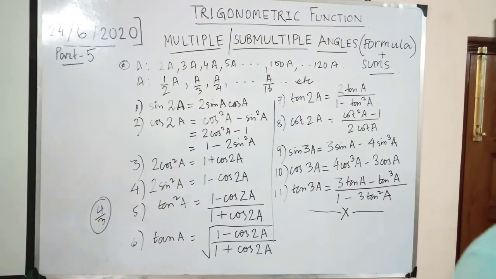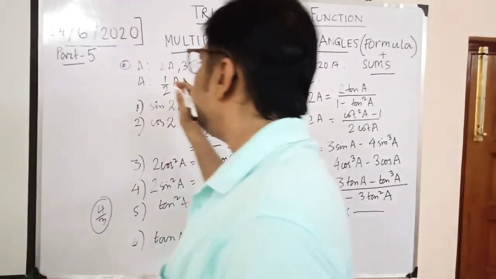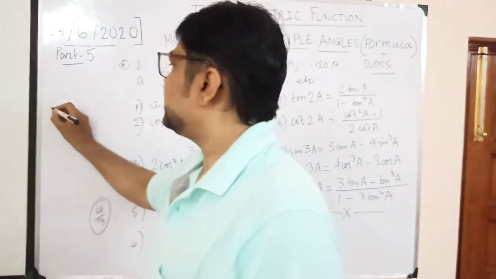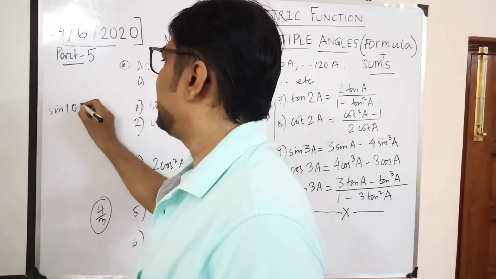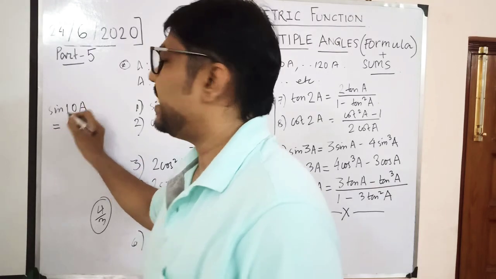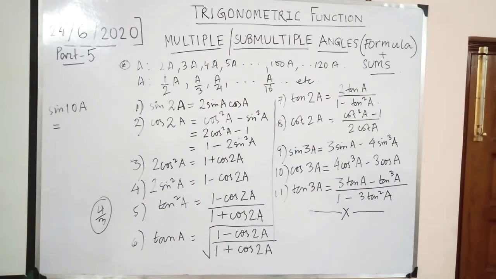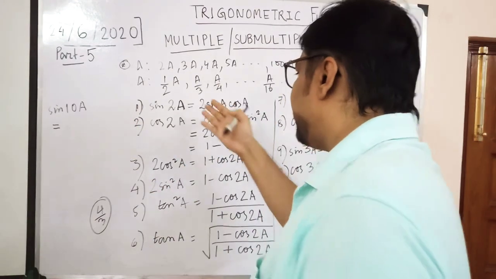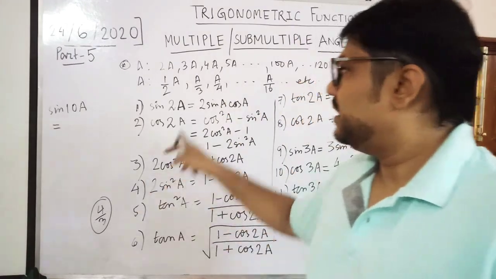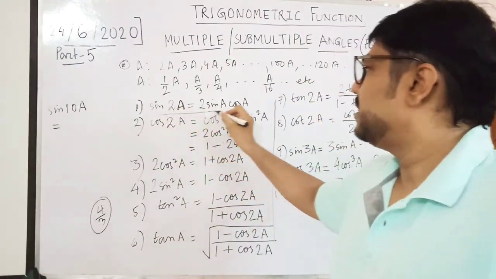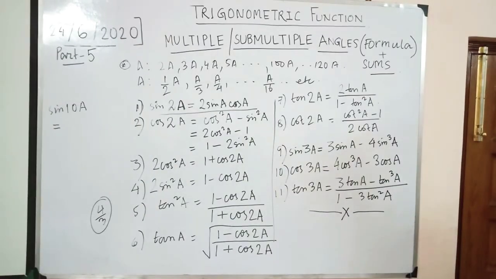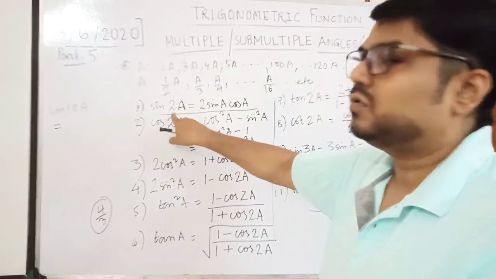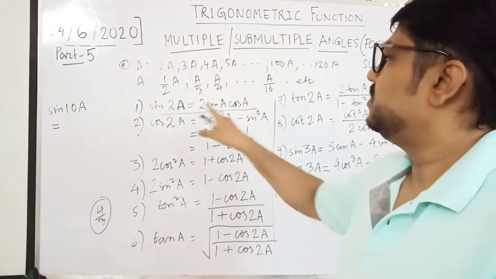Let us do some other examples using this. Say I want to write sine of 10A. We don't know the formula of sine of 10A, so we will write it using the structure of this. Let us look at sine 2A equals 2 sine A cos A. The left hand side angle is 2A and the right hand side is A, so the angle ratio is 2:1.